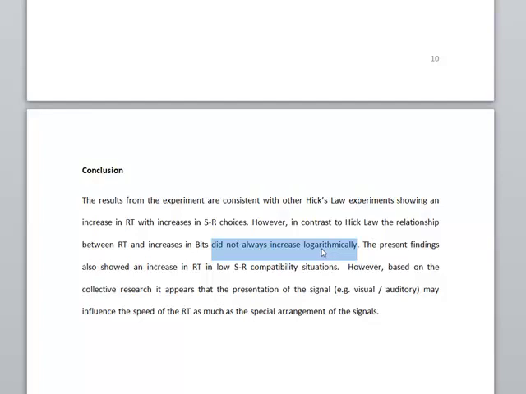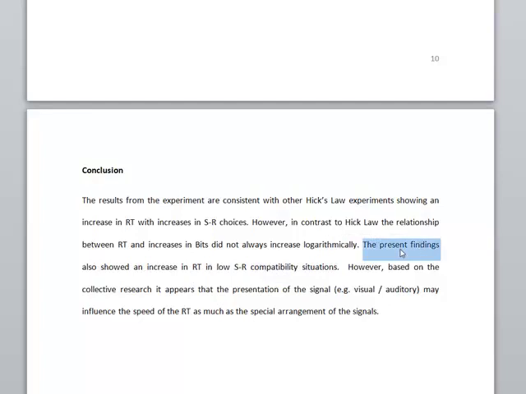Where I've gotten that from is, I mentioned a lot of different areas in the discussion that showed an increase, but I showed that the numbers weren't always the same. So in the conclusion here, I'm saying, yep, there is always an increase, however, the numbers are always a little bit different. The next part it says is, the present results also showed an increase in, this is my second theme.